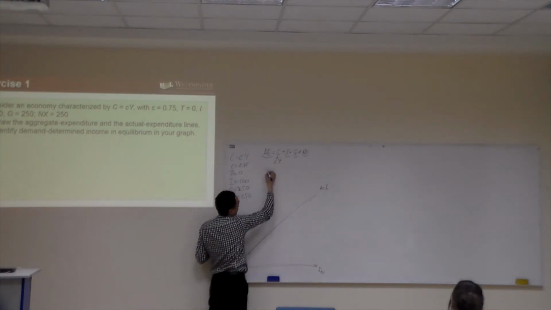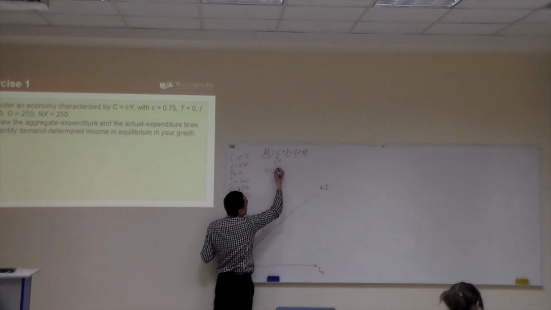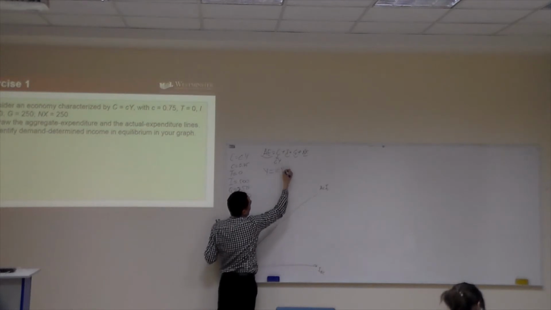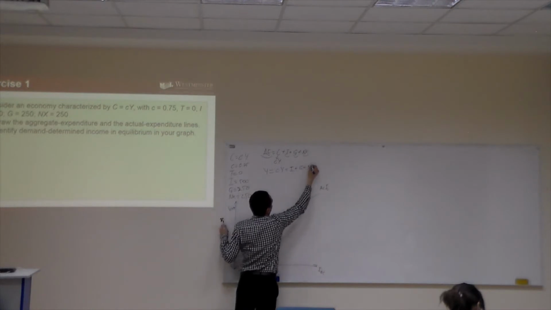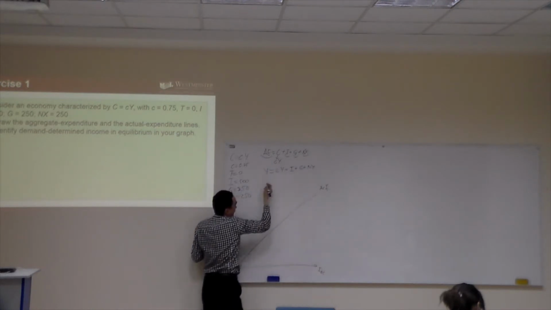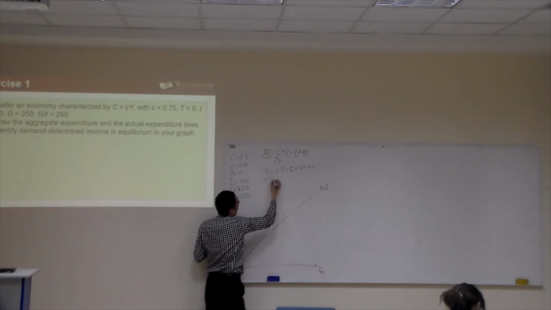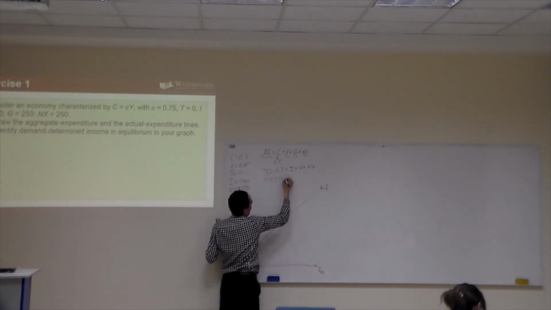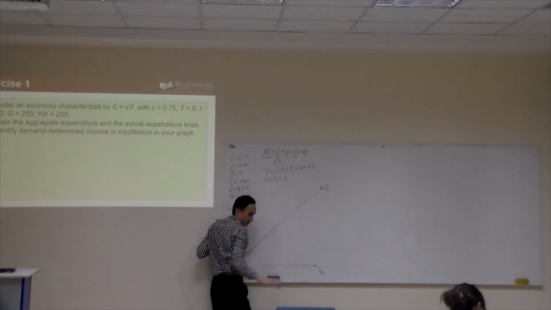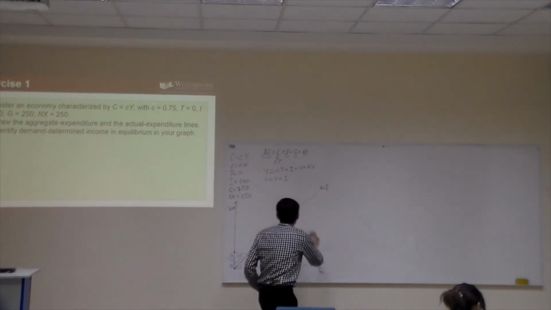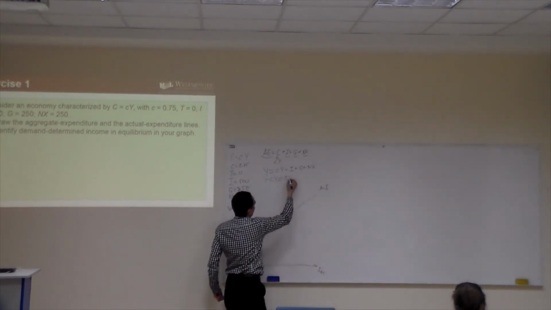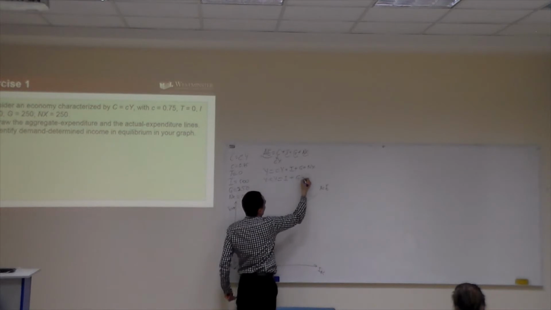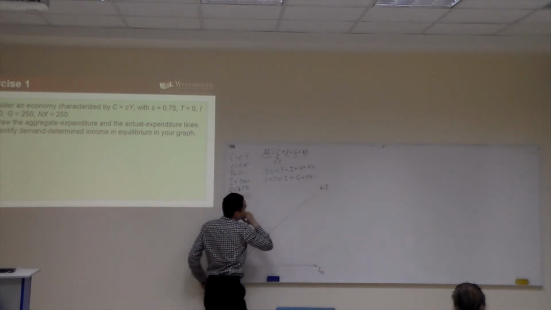So Y equals consumption CY plus I plus G plus net export. Now if you take Y to one side, which is equilibrium income, Y minus CY equals investment plus government spending plus net export.